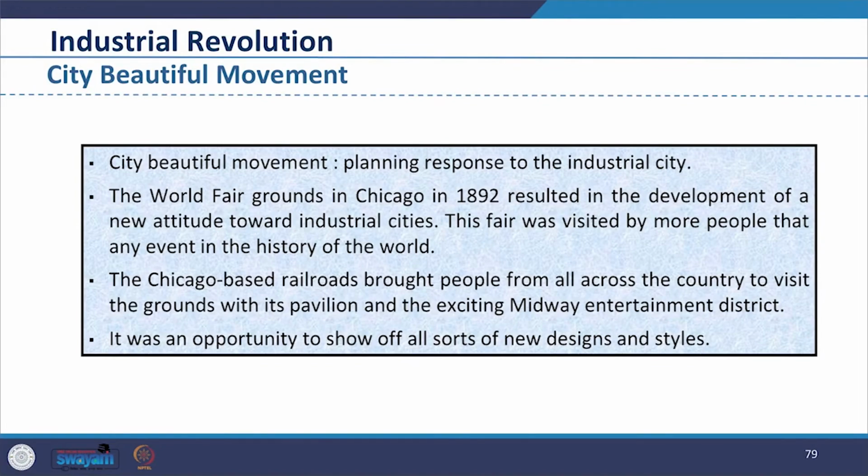We further see the City Beautiful movement. We also look at the World's Fair Ground in Chicago, held in 1892, which resulted in the development of new attitudes toward industrial cities.